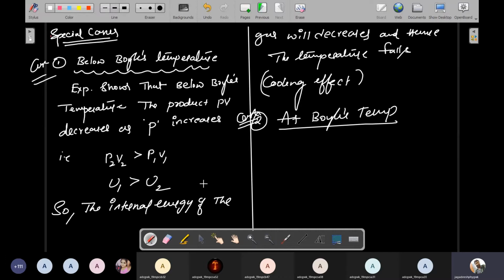So at Boyle temperature, the gas strictly obeys Boyle's law. Definitely, at Boyle temperature, this gas is working because it strictly obeys the gas laws.